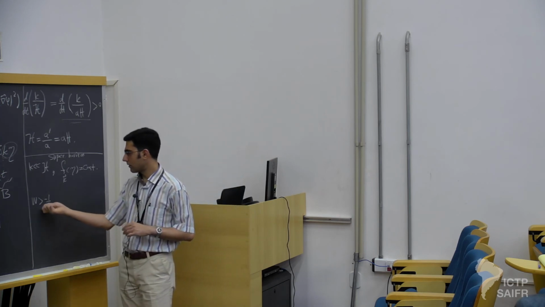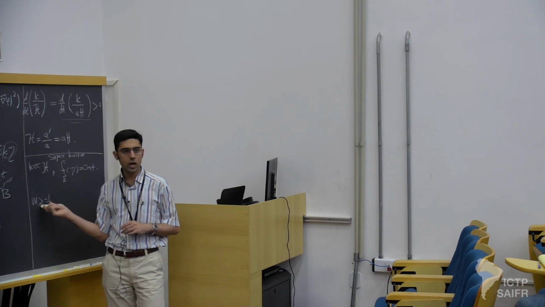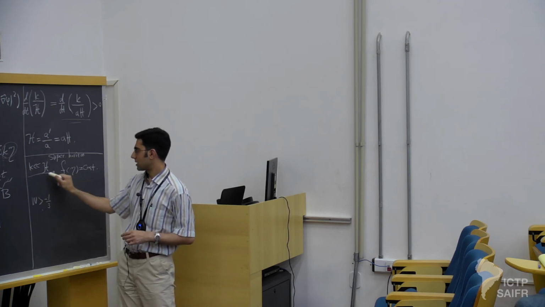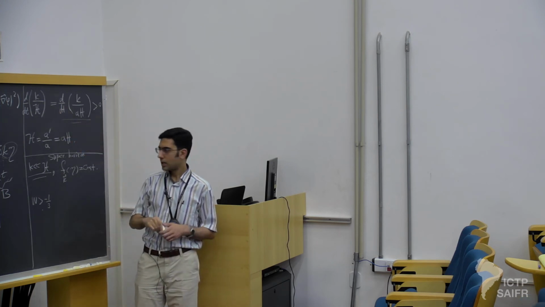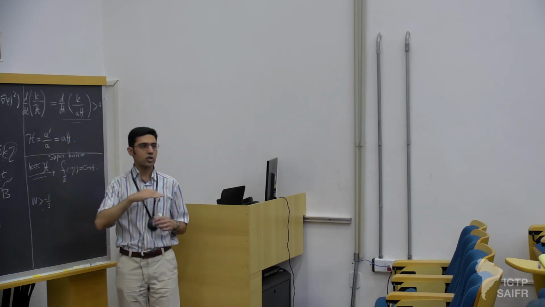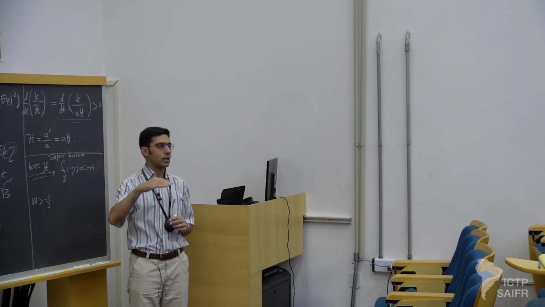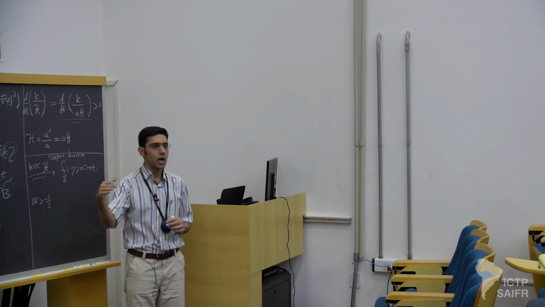So when we are in the phases with w larger than -1/3, what happens is that, remember k over H is positive, it means that the modes which are super-horizon gradually become sub-horizon.